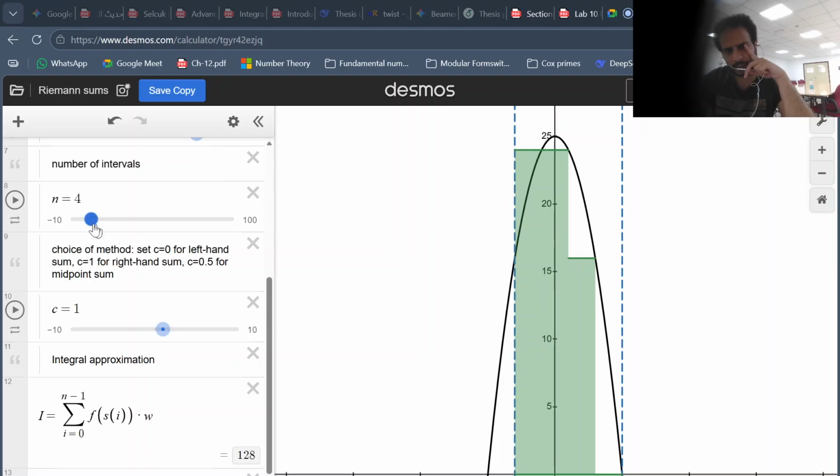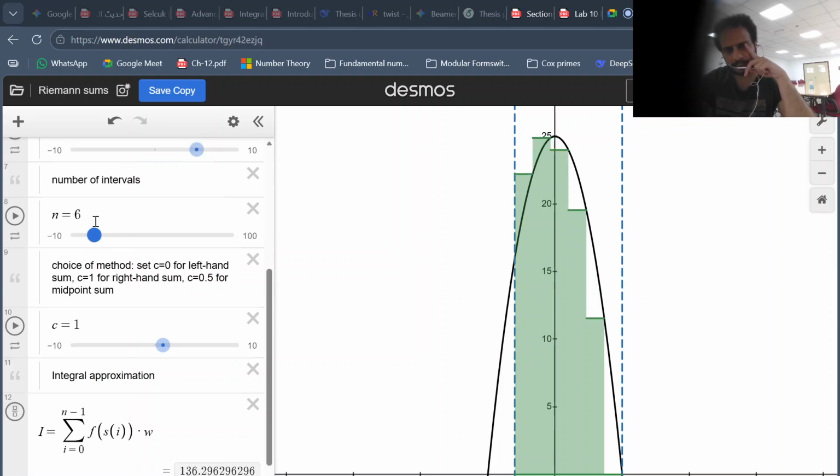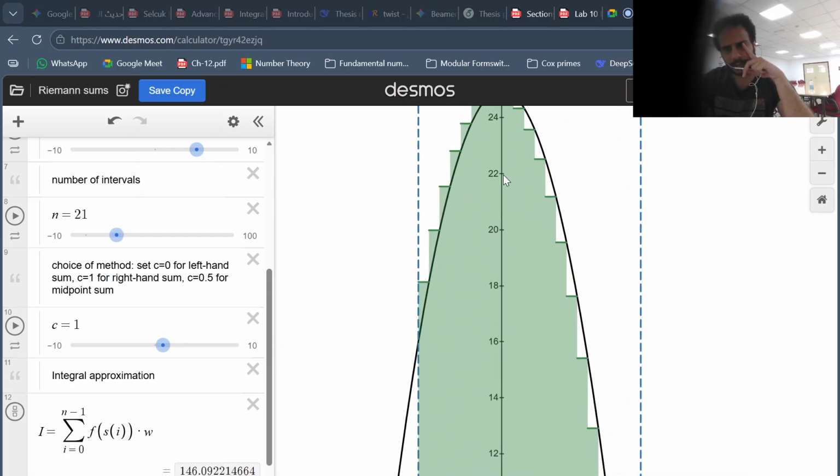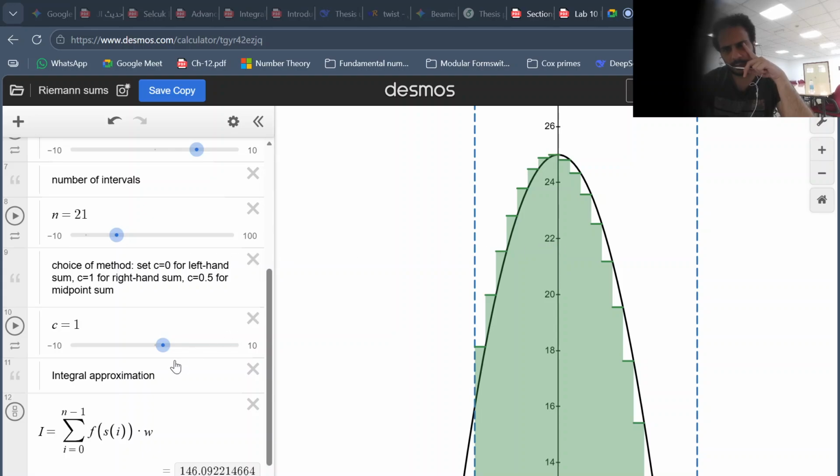If you want, you can add more rectangles, see? See? It's getting better.